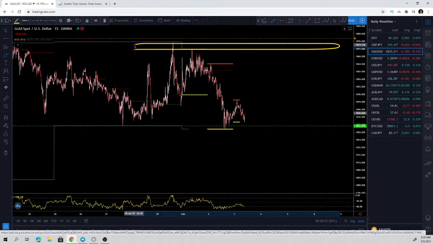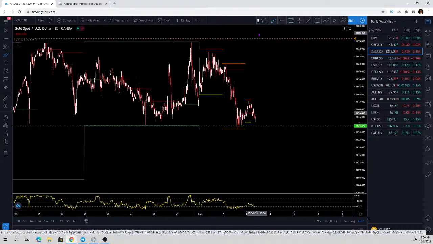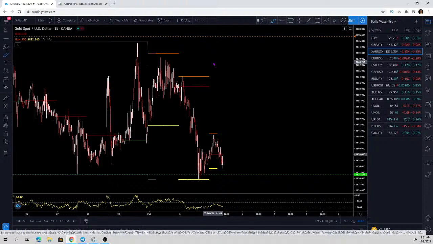So there's a confluence of levels around the 1875 to 1880 level that is super strong. And also, if you look at the volume profile, there's a lot of sell orders at this level. So it is a level that is going to be very, very hard for buyers to break through. Why?